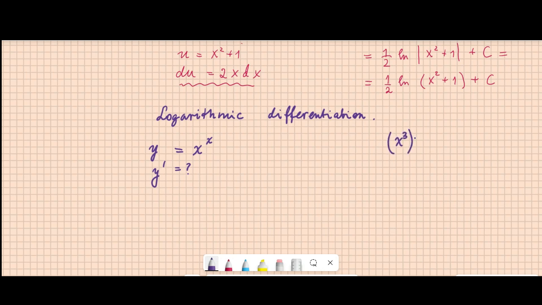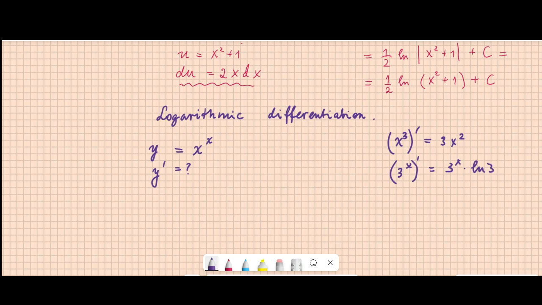Derivative of x to the power of 3 is going to be 3x squared. This is a power function. The argument is changing, the power is constant. We know how to differentiate 3 to the power of x. 3 to the power of x is an exponential function, base is equal to 3, and we know that the derivative is going to be 3 to the power of x times ln of 3, right? We learned this in a previous section.